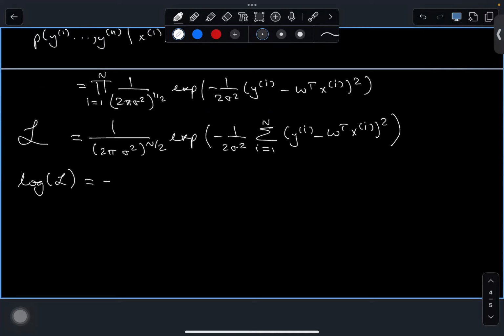So let's look at the first term. Minus n over 2 log of 2 pi sigma squared, plus the term inside the exponential. So that's minus 1 over 2 sigma squared times that sum.